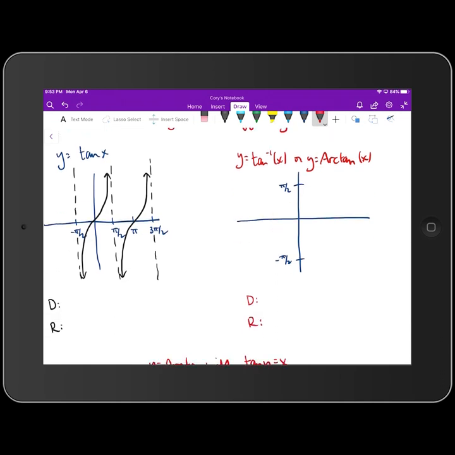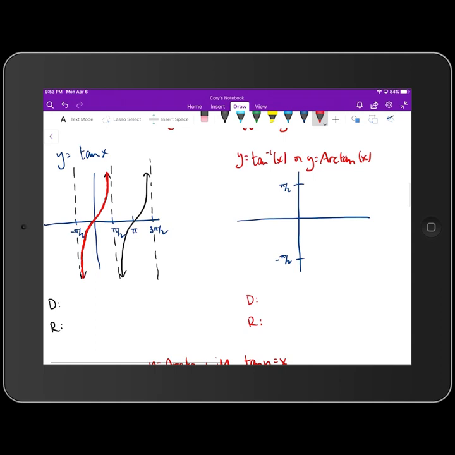So if we take a look at the graph of tangent in between the vertical asymptotes at x is equal to negative pi over 2 and x is equal to pi over 2, if I restrict the domain in between those two x values, we see that tangent is one-to-one. It passes the horizontal line test.